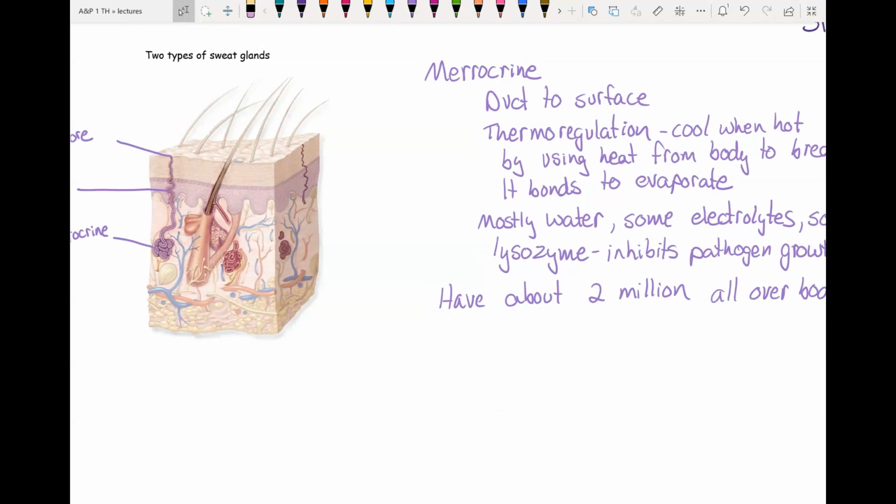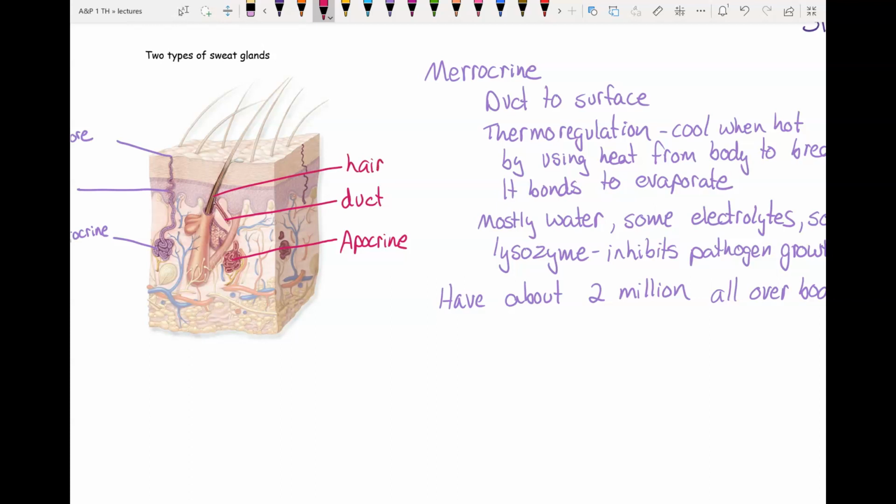Then we look at the apocrine glands. This pink one here is an apocrine gland. Notice that it has a duct, but its duct goes to the hair.